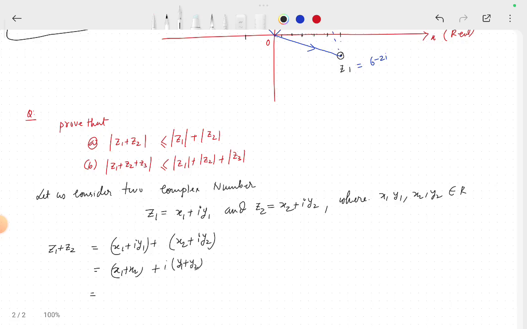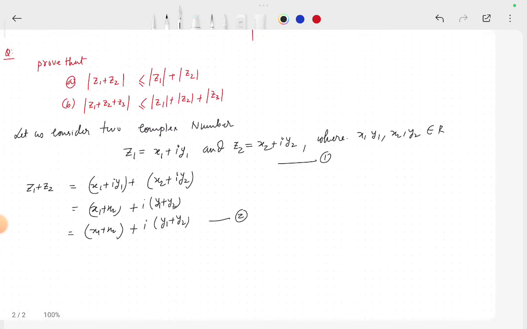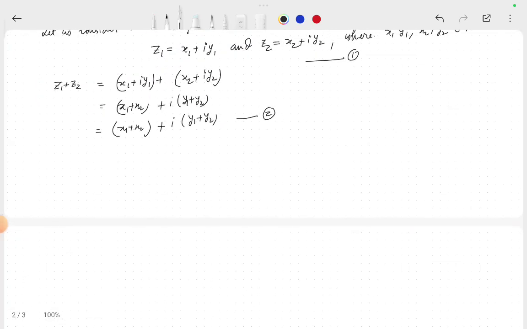So we get x1 plus x2 plus i(y1 plus y2). That is equation number 1 and that is equation number 2. Now let's take the modulus of this complex number z1 plus z2.